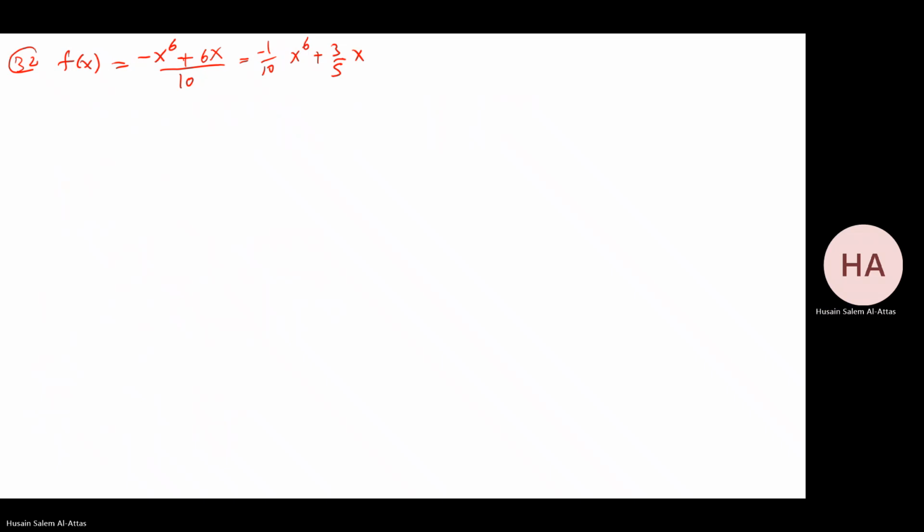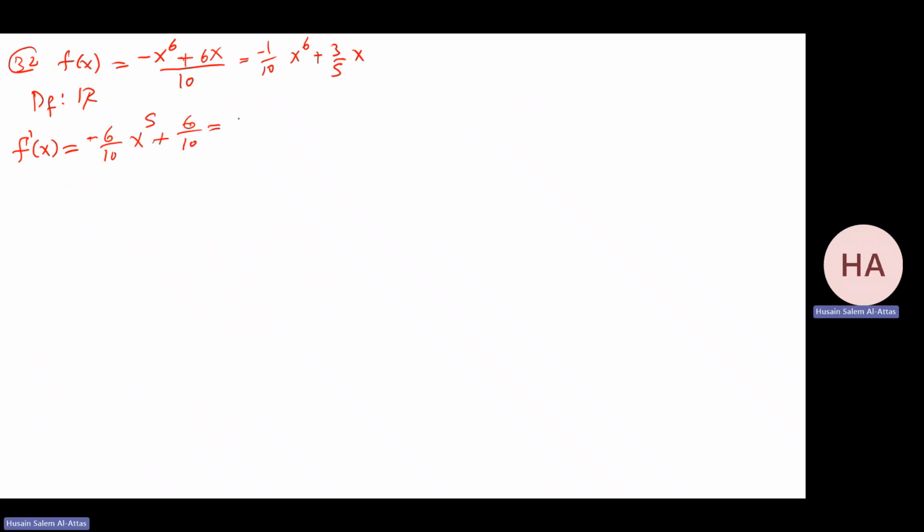Okay. Now the domain is real numbers, as usual. We'll find the domain first. All real numbers, very clear. So I'll find f prime. F prime will be minus 6 over 10 x to the power 5 plus 6 over 10, plus 3 over 5, which is 6 over 10.